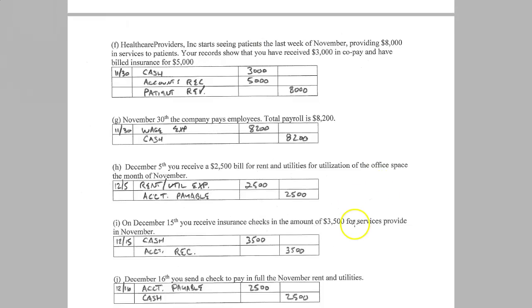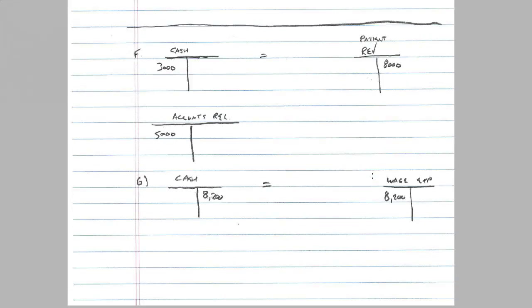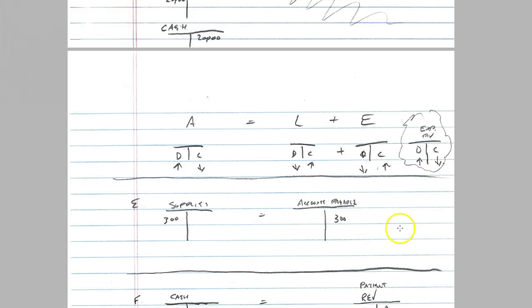Let's go to my cheat sheet here. Accounts payable is a liability, so I should have a credit entry on there, which I do. And I've incurred an expense because it's already happened, whether I paid it or not, and that would be a debit entry.